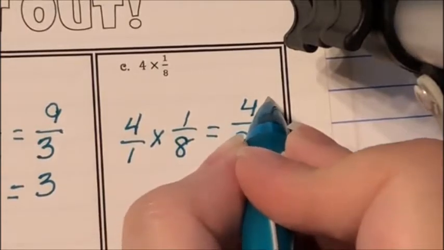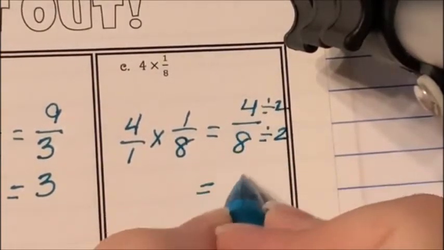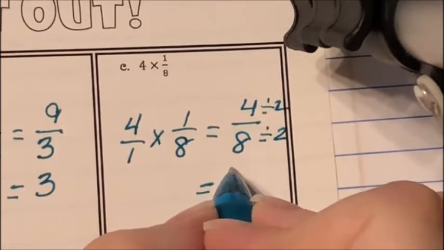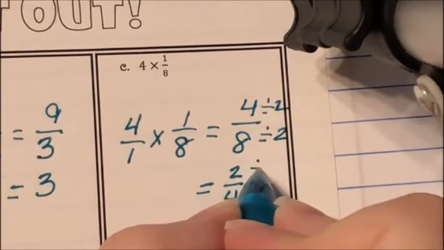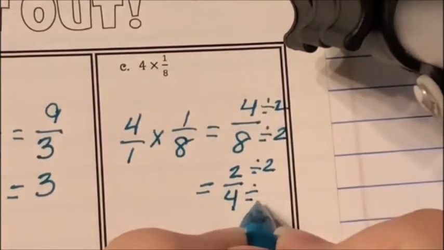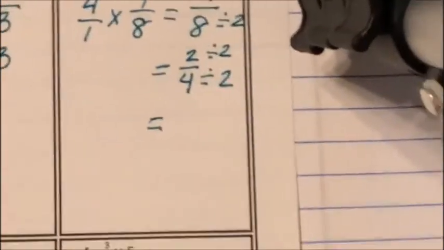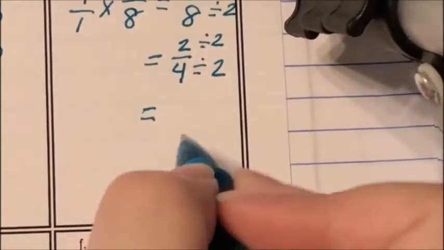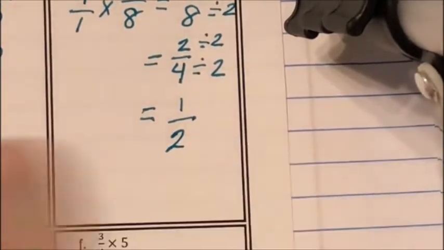I can divide both of these by 2. 4 divided by 2 is 2, 8 divided by 2 is 4. I can again divide by 2. 2 divided by 2 gives me 1, 4 divided by 2 gives me 2, so I get 1/2.